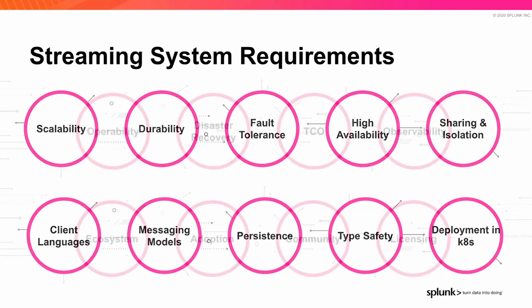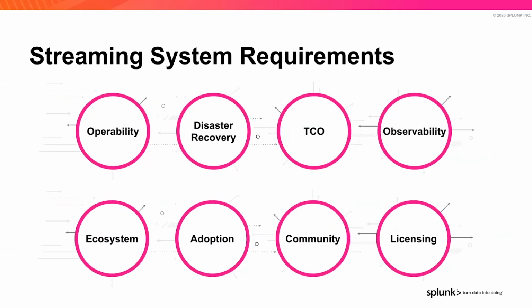And how easy it is to deploy in Kubernetes, and how to operate the system. What are the disaster recovery scenarios in the case of a zonal failure as well as an entire region failure. What is the total cost of ownership, and how do you observe the system for operability reasons.